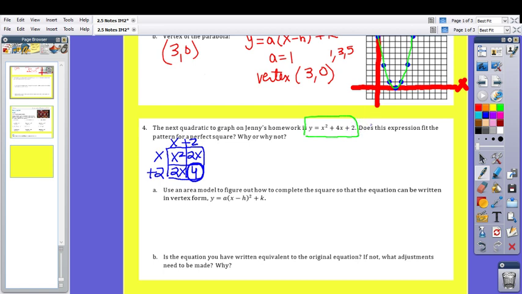Now this is only asking whether it is possible to write it down as a perfect square.